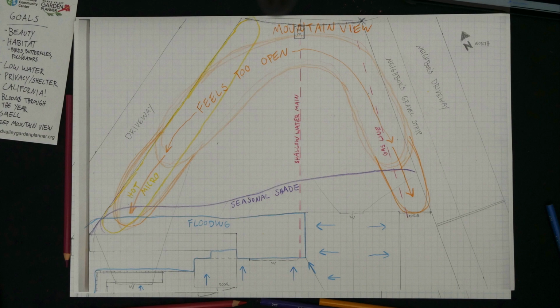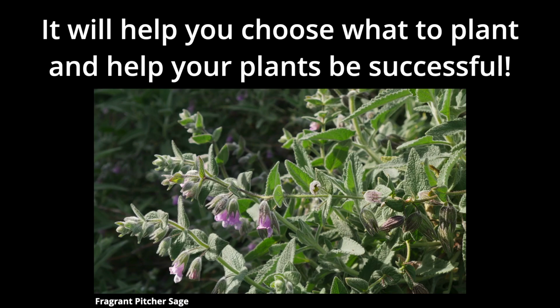But before we jump into the step-by-step about how to take your measurements, do that drawing on graph paper, and then ultimately do your site assessment, we are going to talk about some of the basic principles of site assessment and why it's important to take the time to do this rather than getting excited about your goals and jumping right into your design.